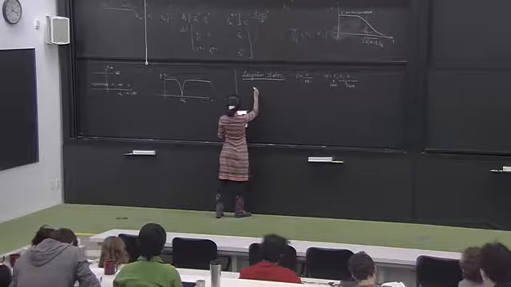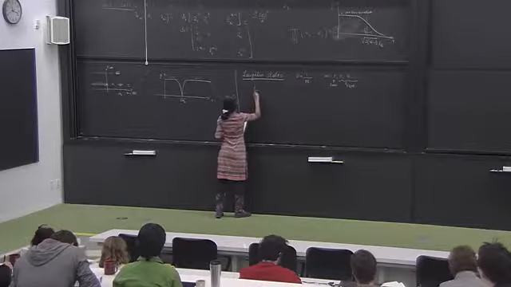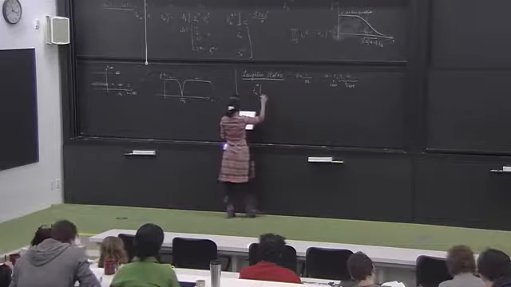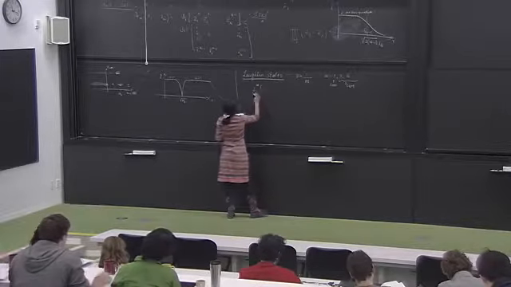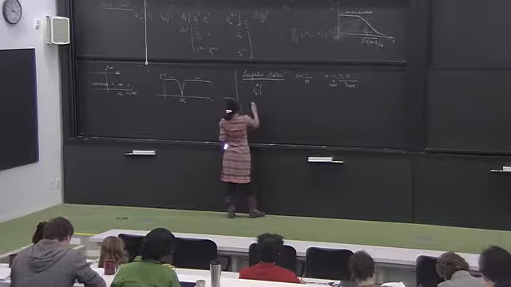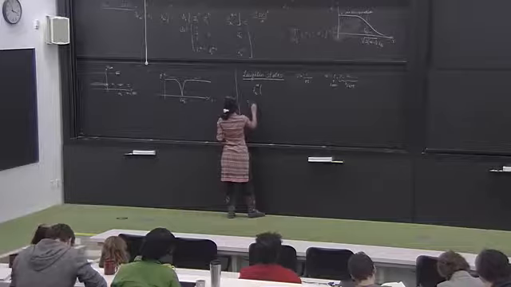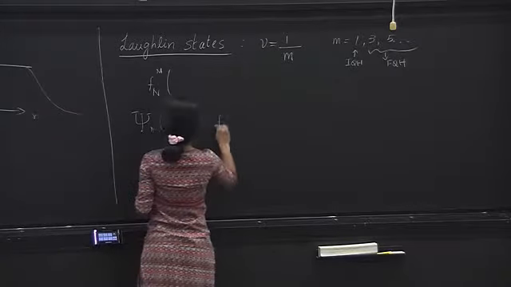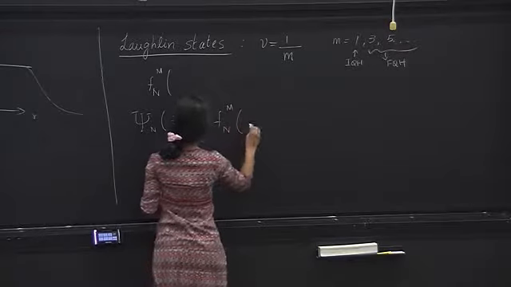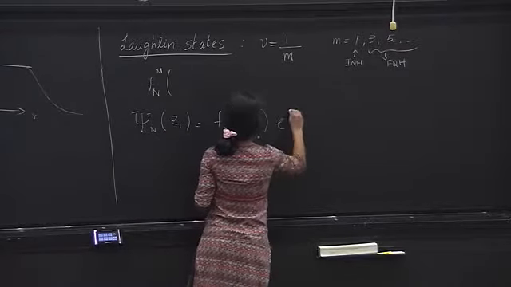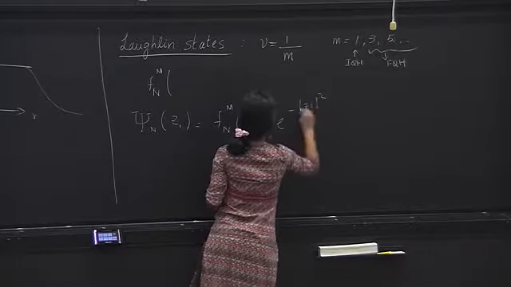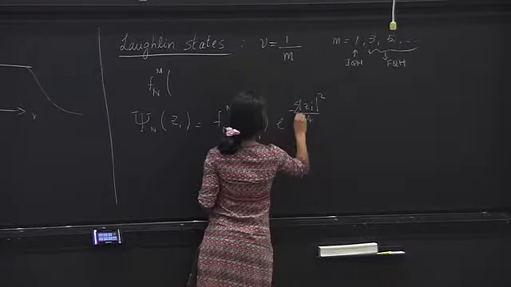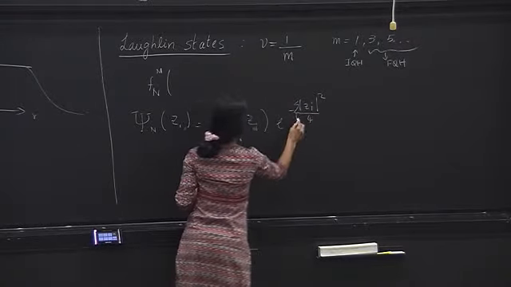So here was Laughlin's just inspired guess, which is that, remember, psi n of z_i was this Gaussian.